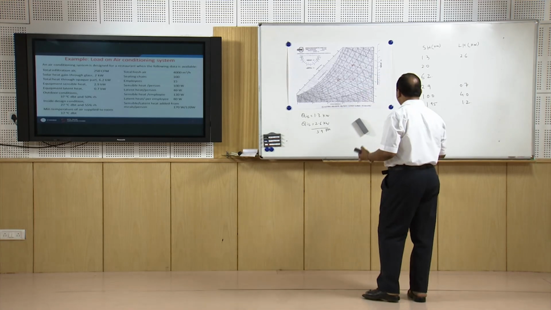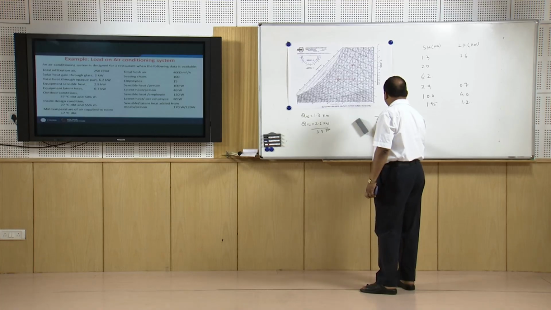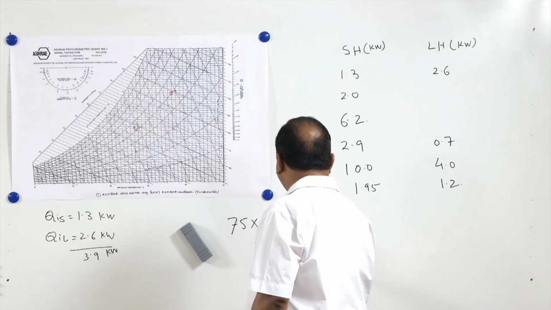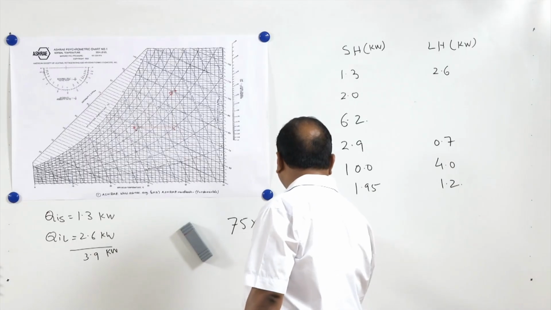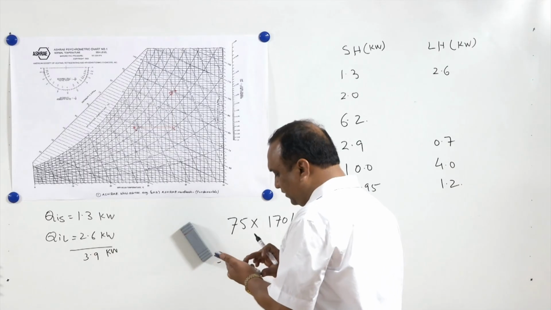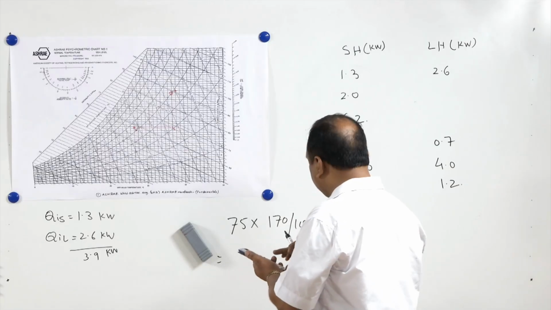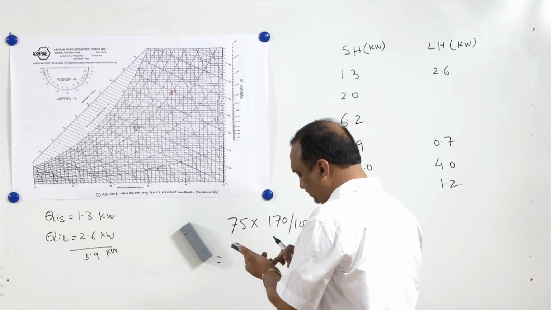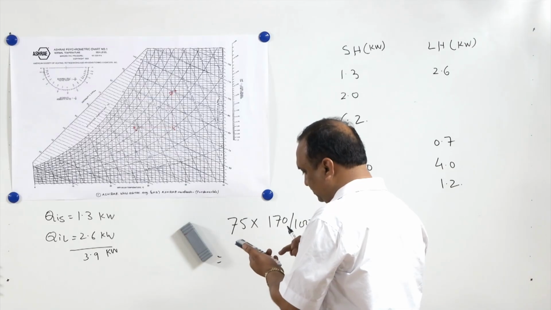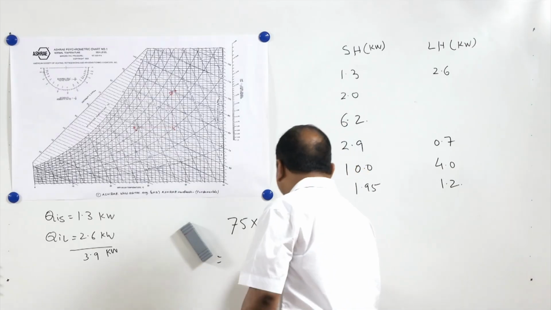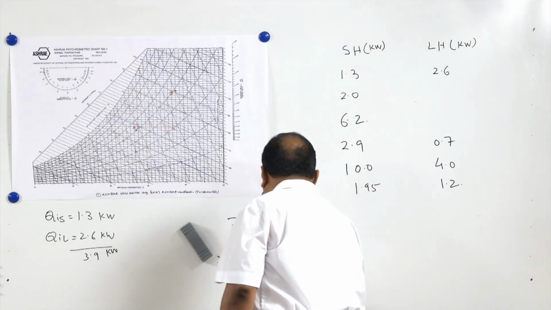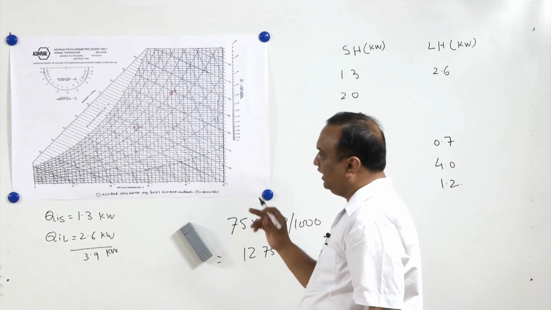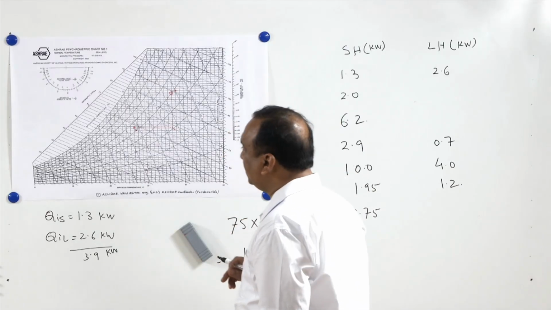So now 75 multiplied by 170 divided by 1000 will be the sensible heat added by the food, that is 12.75 kilowatt. So 12.75 kilowatt is the sensible heat added by the food.